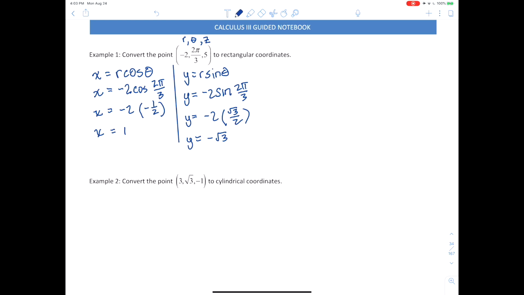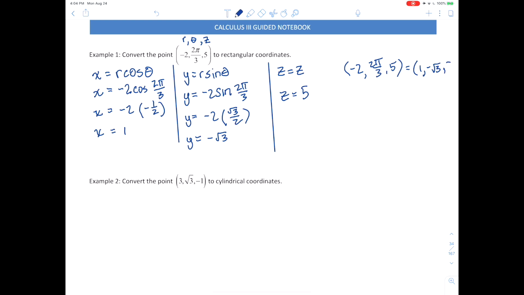All right, and then z, remember, is just so easy it's hard. Z is just z. So in this case, z is 5. Beautiful. So -2, 2 pi over 3, 5 is equivalent to 1, -√3, 5.